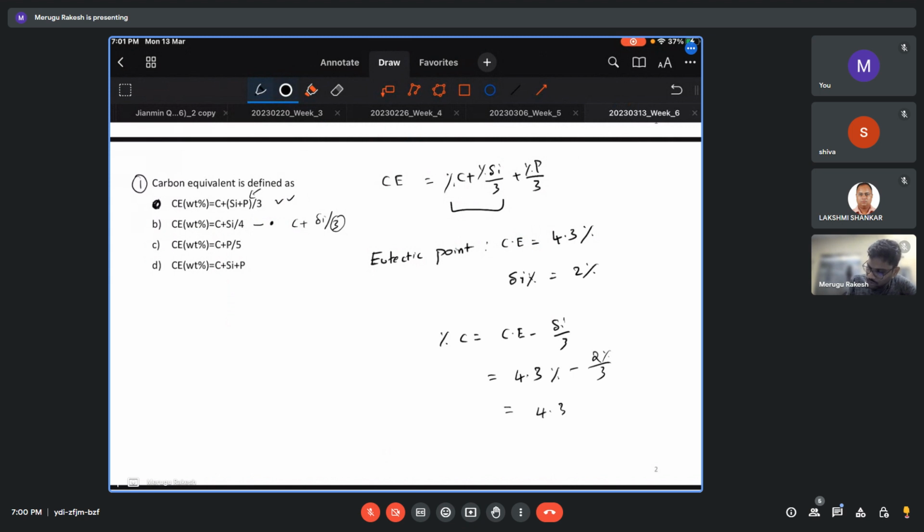So 4.3 percentage minus 2 by 3, that is 0.67, gives 3.63 percentage of carbon.